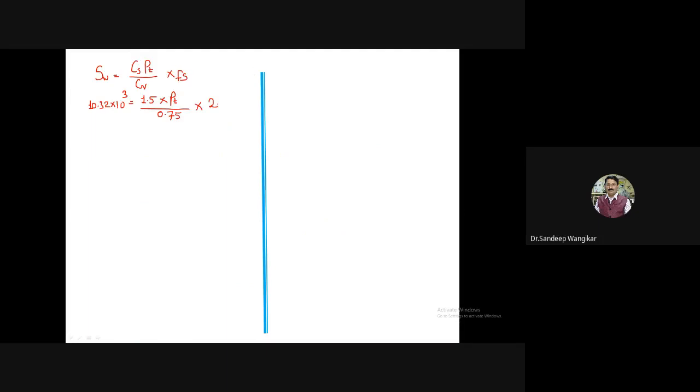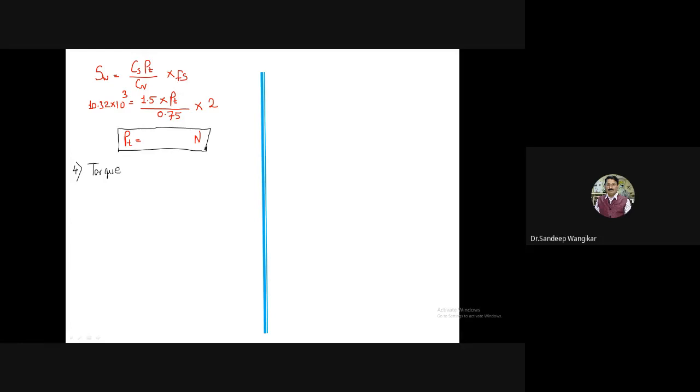If you substitute all the values, you will get the value of tangential load PT in Newton.